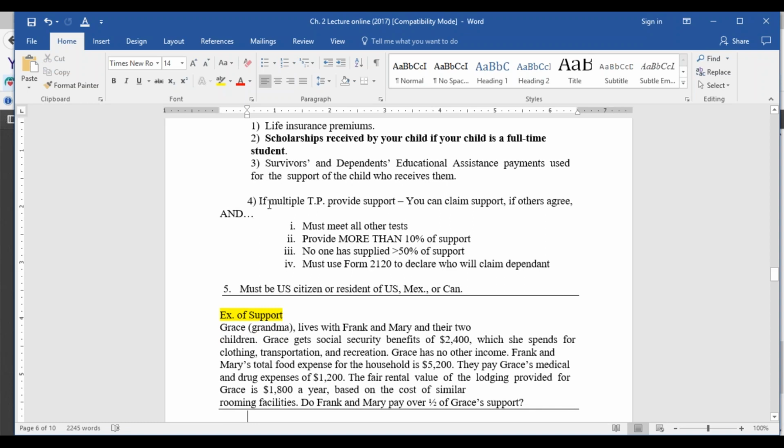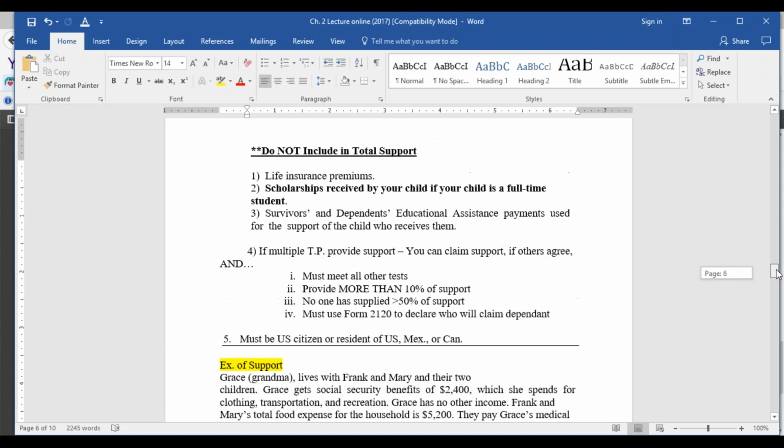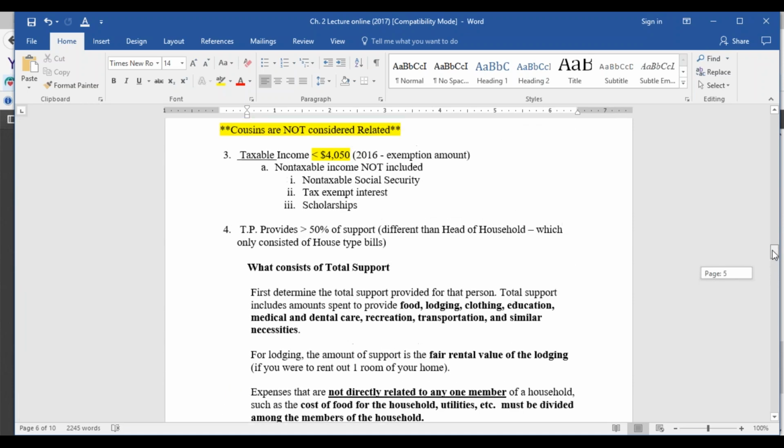Let's say you have an elderly parent, but then you have a couple nieces and maybe a brother or sister, and they all help to provide support to an elderly person. As we see up here, the taxpayer has to provide over 50% of the support.